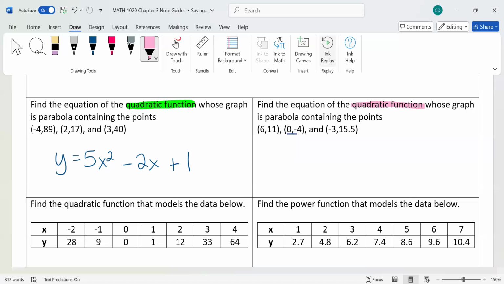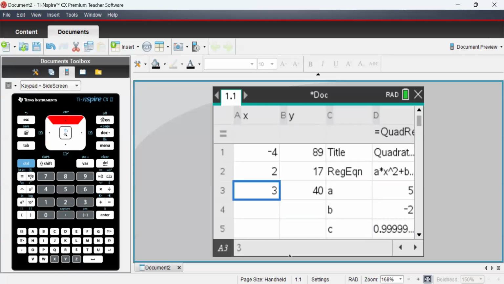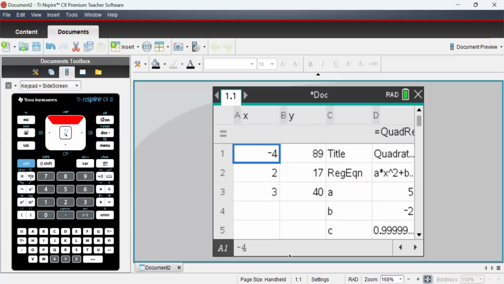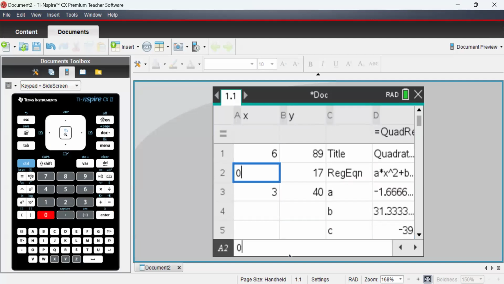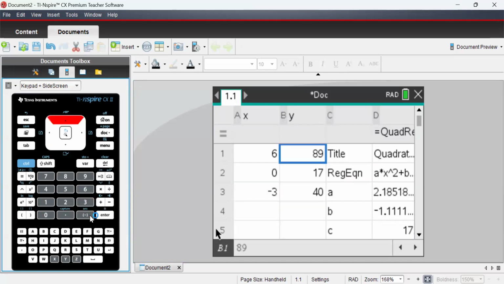Now you can start over, but what's really nice, if you have the exact same number of points, it's really easy to type over. If you have 4 points instead of 3, it would be easier just to start over. But as we're changing things, you see my numbers are changing over there on the right.